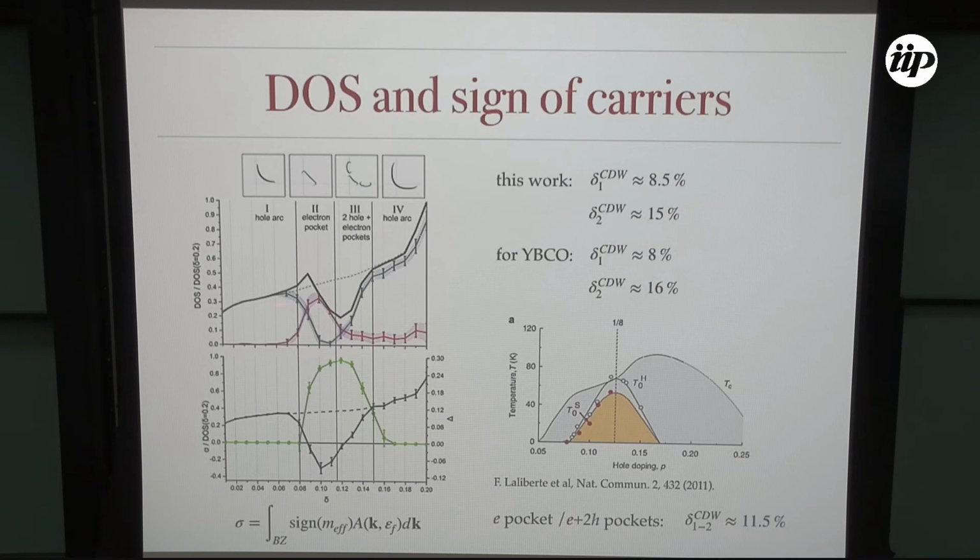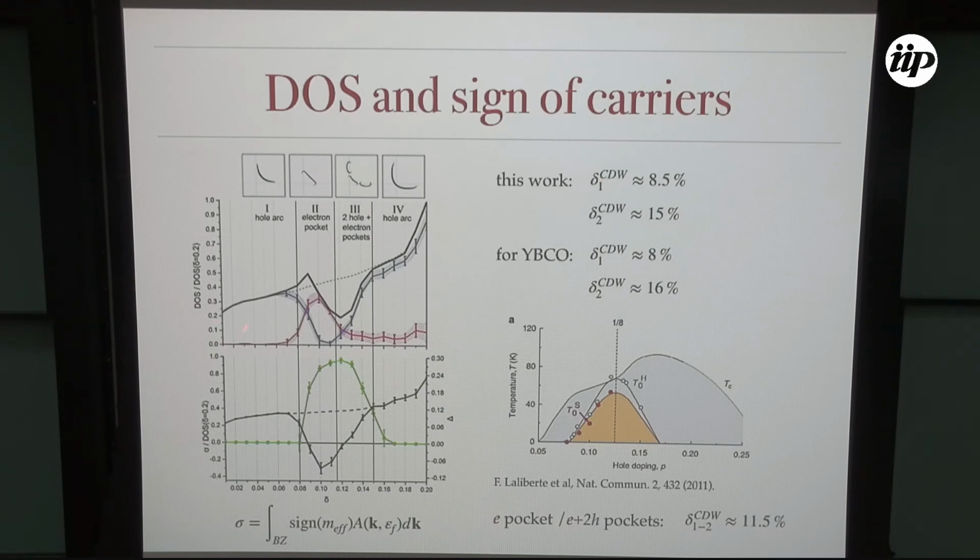In this picture you can see the distribution of the density of states at the Fermi level, depicted in black, and also in blue the density of states associated with hole carriers, and in red with electron carriers.